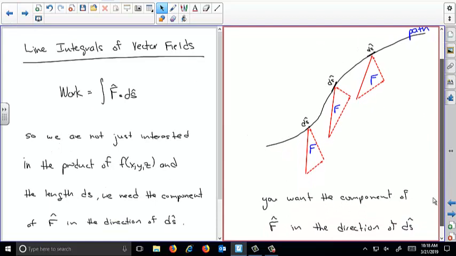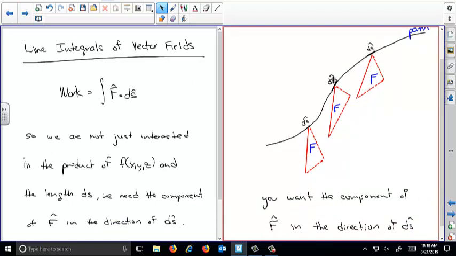So here's just an example. Here's our path. And as you go along the path, you have these ds vectors that are tangent to this path. Remember, another thing that's tangent to the path is the velocity vector, the derivative of the position vector with respect to time. And let's say this is the force vector at this point in space.